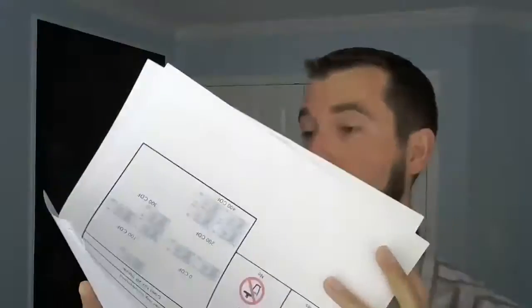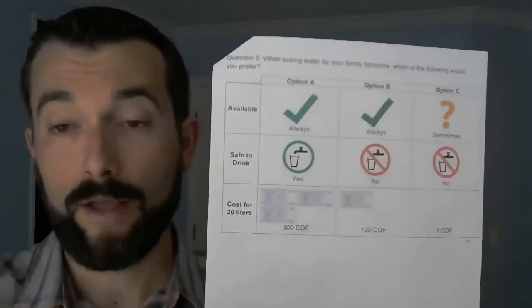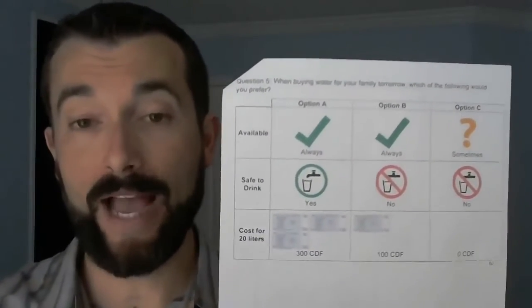That table describes how we talk about these different drinking water sources, but let me show you an actual question, again in the same field packet here. I'm just going to pick a question at random. This is one of the 10 different questions we're going to be asking respondents.